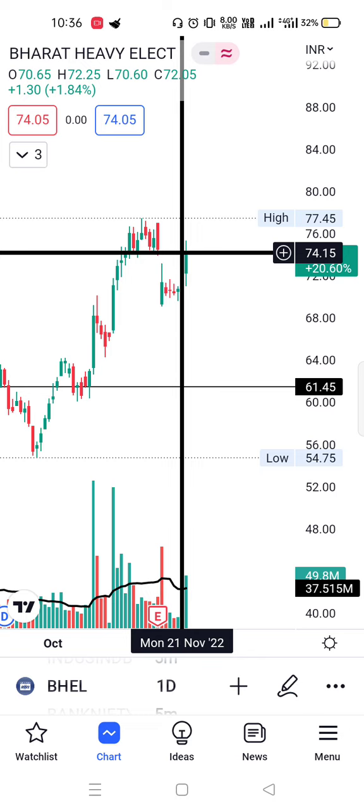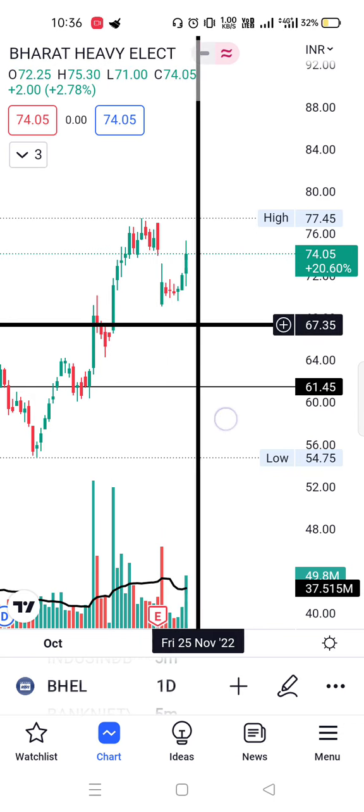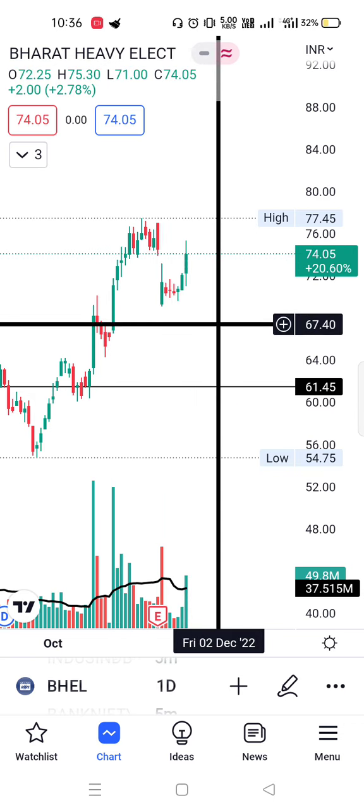You can see how the bulls are entering at these prices, how the bears are taking entries at these prices, how they are trapping. So without an indicator we can easily execute the trades. We can easily determine whether this stock is in an accumulation zone or a consolidation zone. So we can initiate the trades.